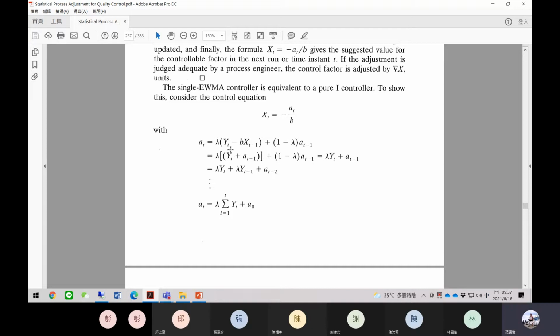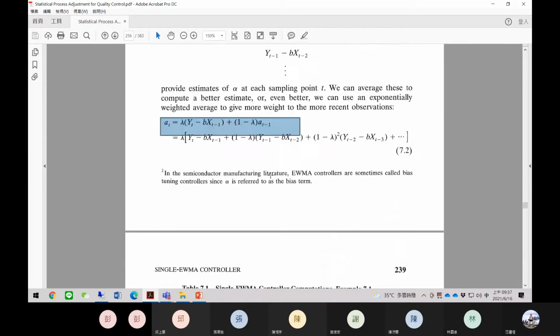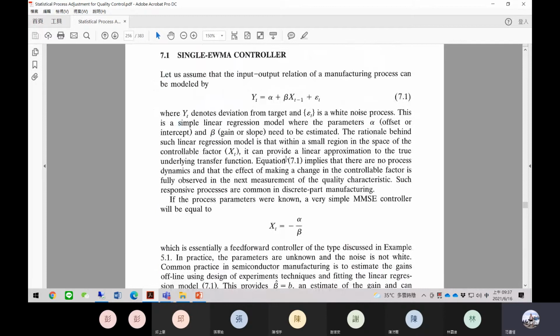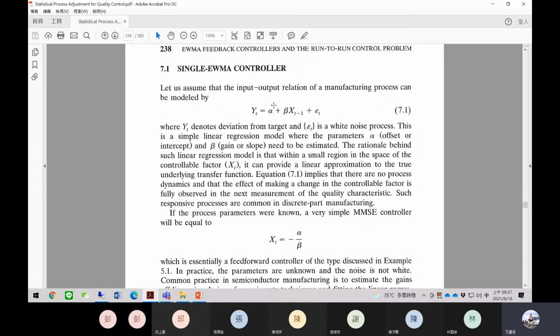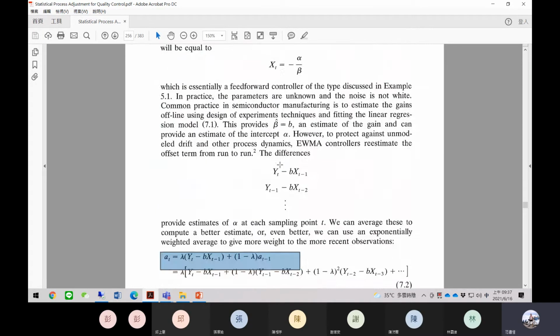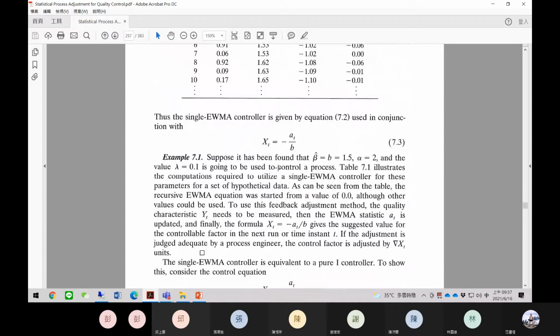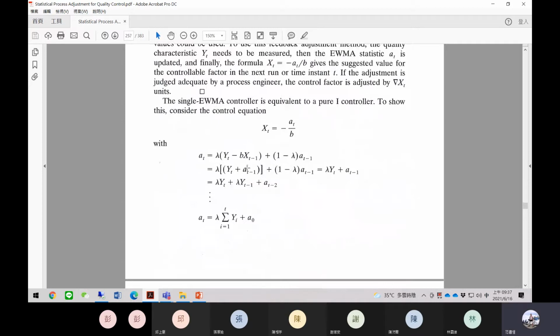Yt minus bxt, excuse me, yt minus bxt minus 1. Right here, yt minus bxt is equal to the EWMA of the at. So we have lambda yt plus at minus 1 plus the 1 minus lambda at minus 1.